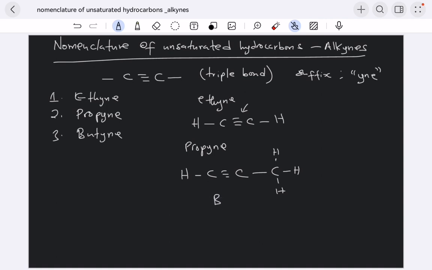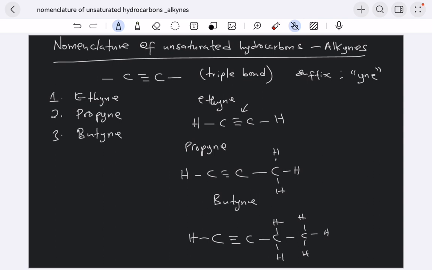If we look at butyne, obviously it's going to be 4 carbons, but there should be a triple bond presented. Remember, each carbon is supposed to make 4 bonds. Then we'll have the hydrogens around. So that will be called butyne.